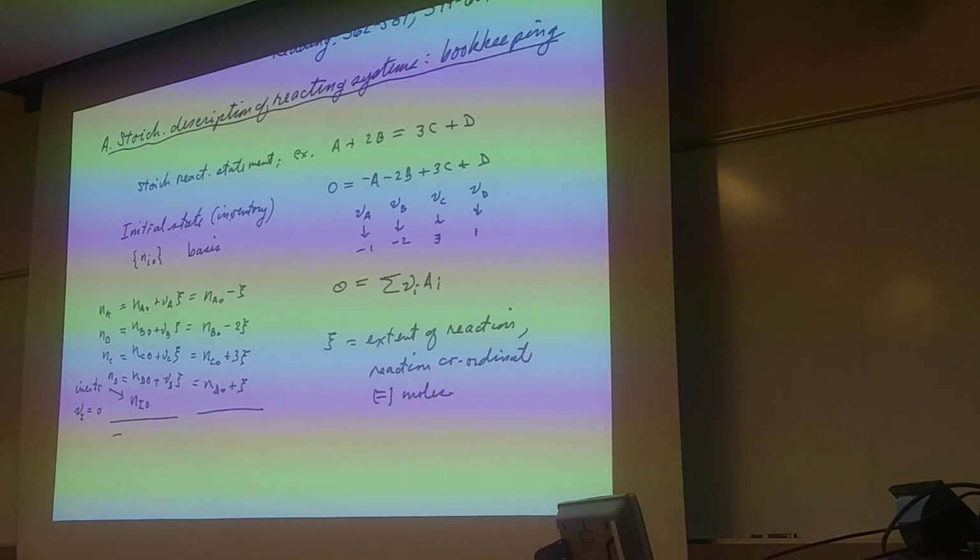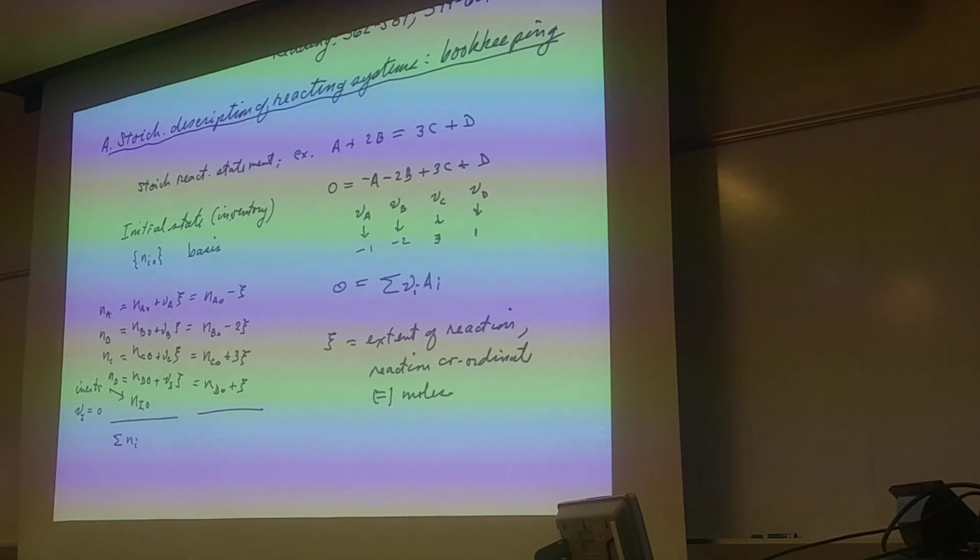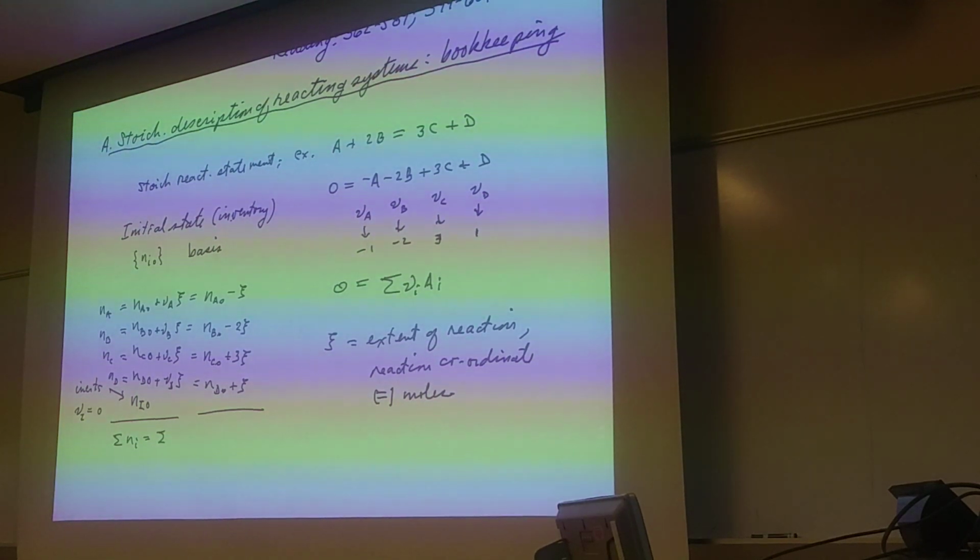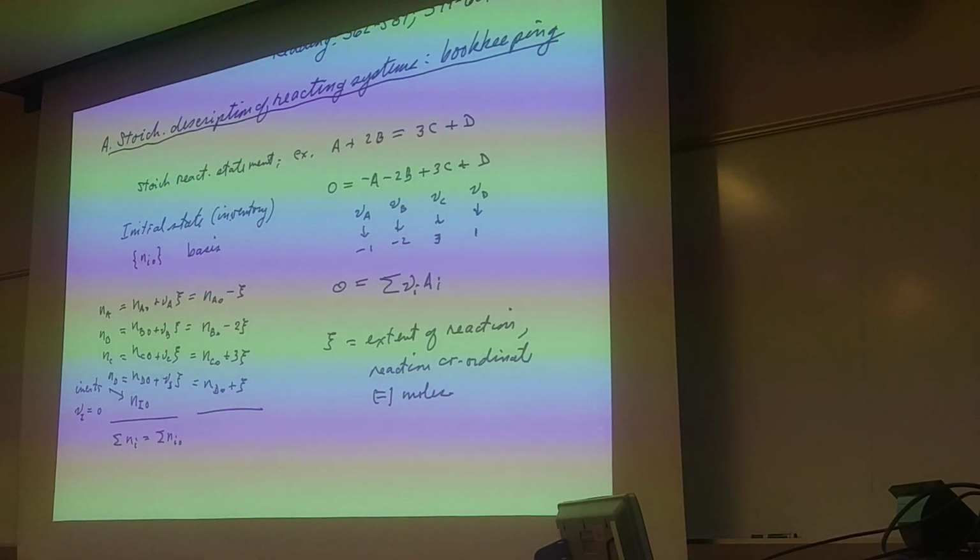Now by convention we can add up all of these things. So the sum of all of these ni's would be equal to the sum of all the initial ni's plus the sum of all the nu i's times xi.